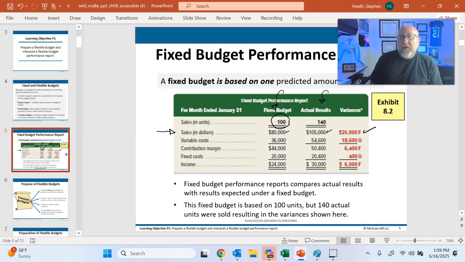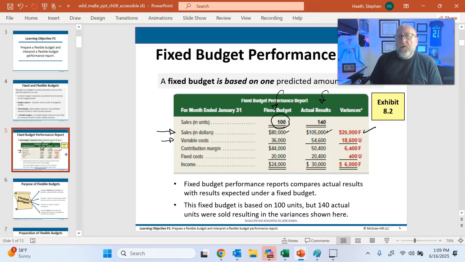But I really can't tell. I'd have to do some calculations, but I can't tell whether the $25,000 is solely because I sold more units, or because I sold more units and at a higher price, or did I lower my price? The same can be said for variable costs.